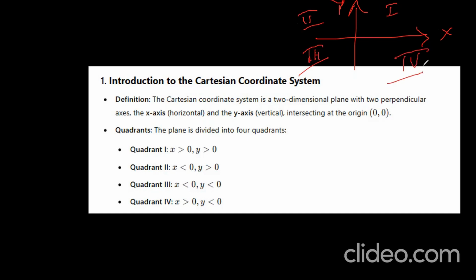Here both are positive, and here negative, positive, and negative, negative, and positive, negative. So both are positive in the first quadrant, both are negative in the third quadrant. Like that we can easily define.